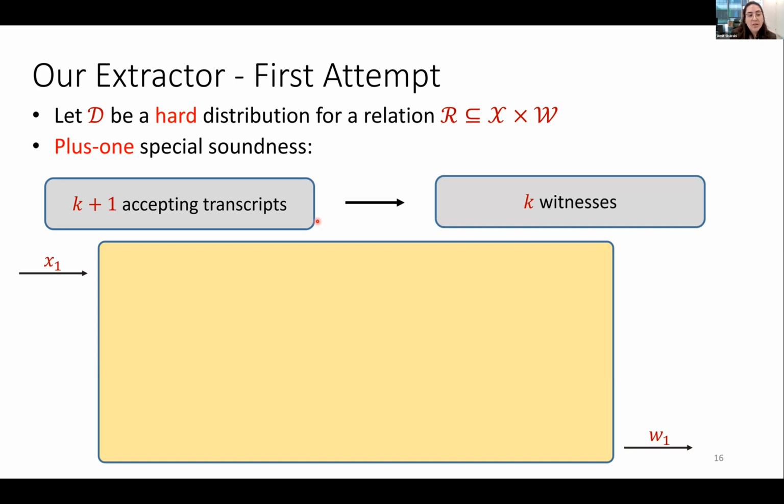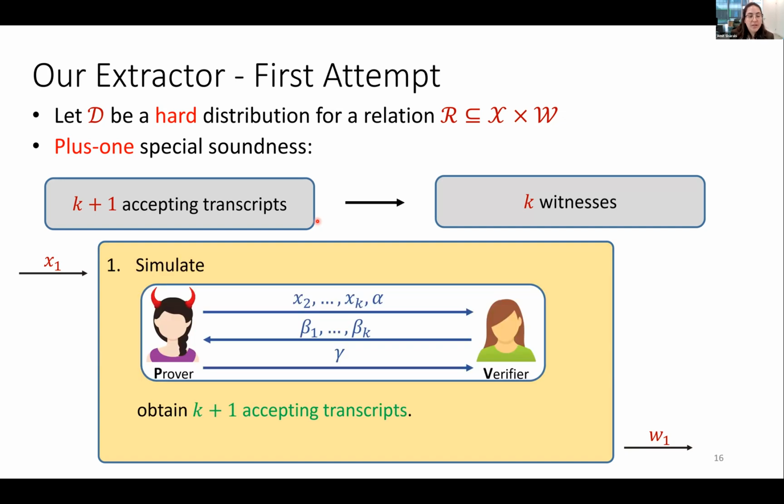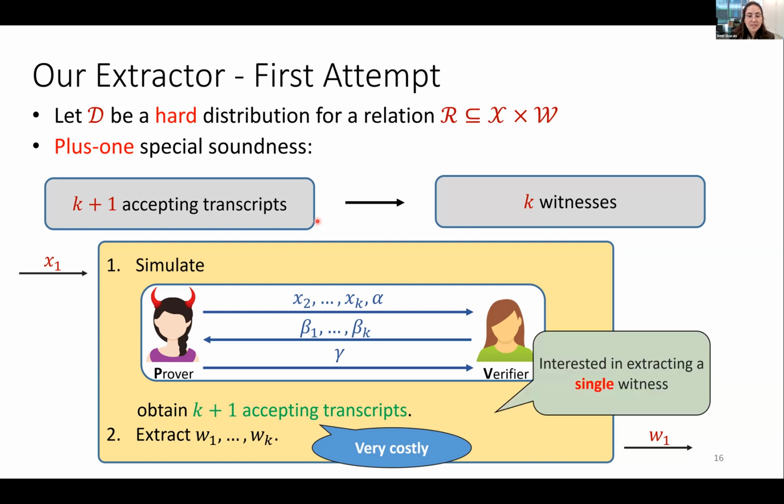So our extractor can simulate the ROG instance game many times in order to obtain k+1 accepting transcripts, and then using the k+1 special soundness property, it can extract all corresponding witnesses, and specifically W1. However, this solution is very costly, since in order to obtain k+1 accepting transcripts, the running time of our extractor increases while its success probability decreases. And in fact, we are only interested in extracting a single witness, the witness W1.